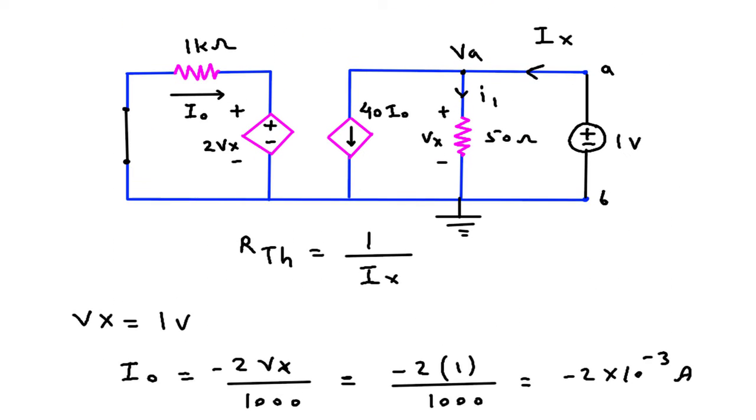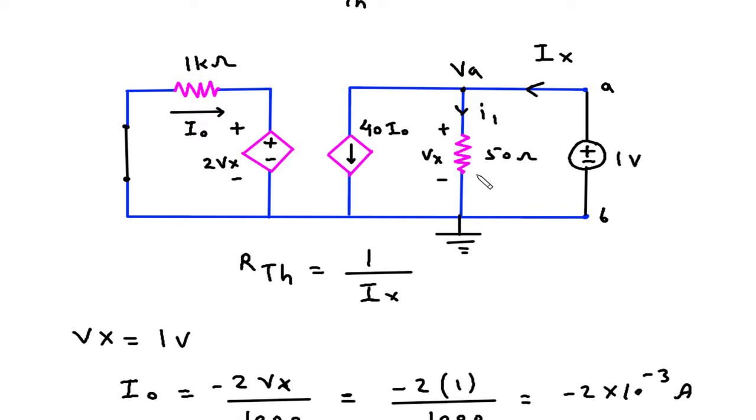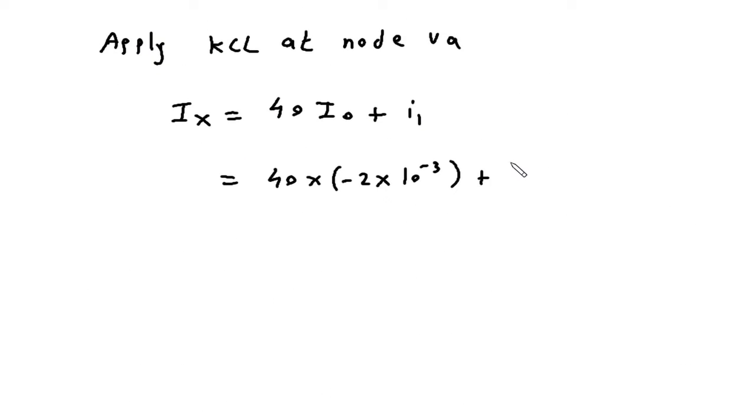Now I1 will be equal to VA divided by 50. VA is directly Vx because it is connected to ground, so VA or Vx is 1 volt. So I1 is 1 minus 0 by 50.